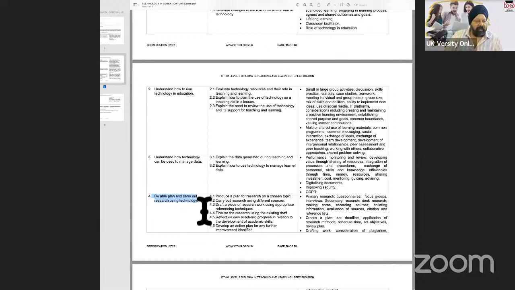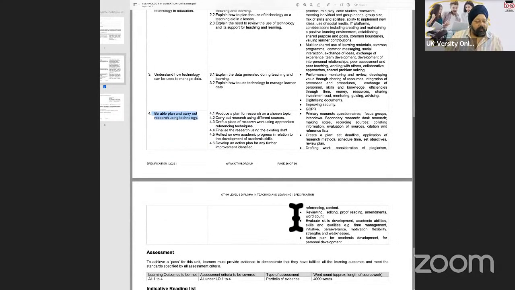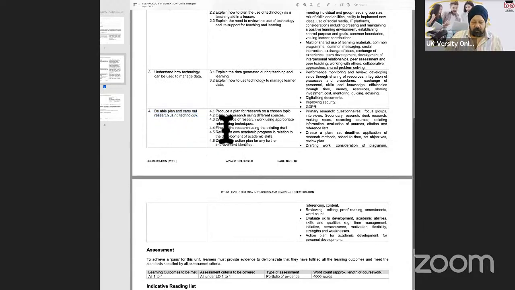That would mean looking at a topic, looking at how different resources can be collected for that topic, and then how you put that into an output in the form of a report. That is what we will be looking at in terms of being able to plan and carry out research using technology.